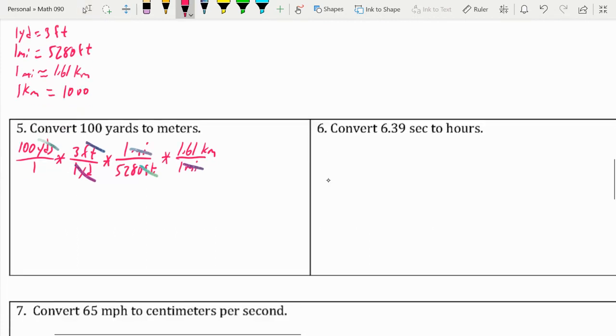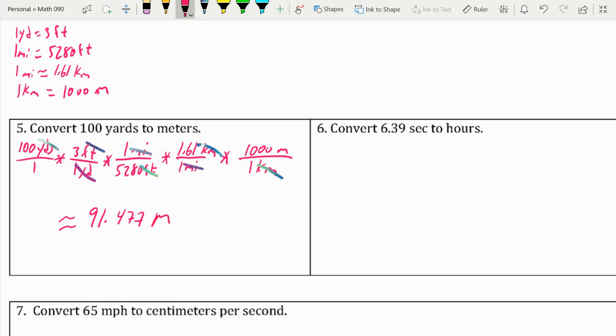So we got it now. 1 kilometer at the bottom, so that cancels, and 1,000 meters at the top. I'm going to let you guys do all this multiplying. Here's the answer. So number 5 is approximately equal to 91.477 meters.